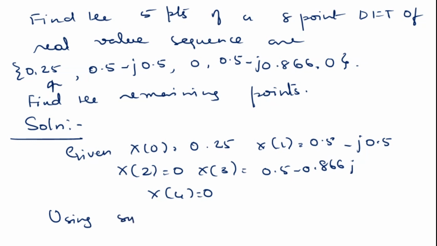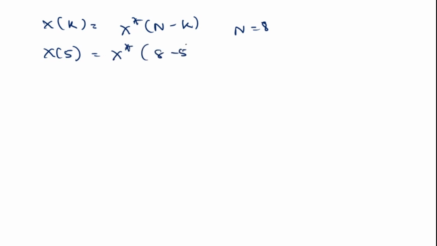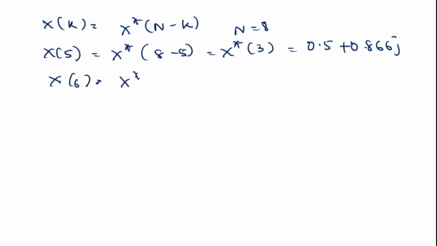Using the symmetry property, x of k is equal to x star of N minus k, where N is equal to 8. Then x of 5 is equal to x star of 8 minus 5, which is equal to x star of 3, which is equal to 0.5 plus 0.866j. X of 6 is equal to x star of 8 minus 6, which is equal to x star of 2, which is equal to 0.